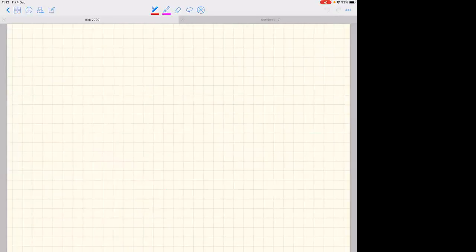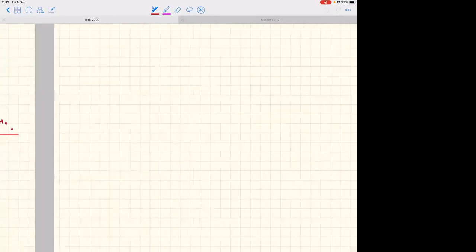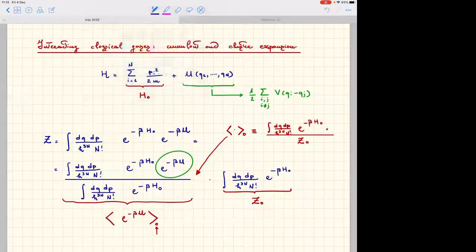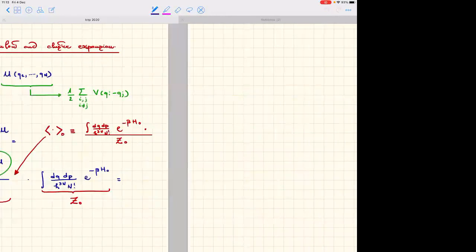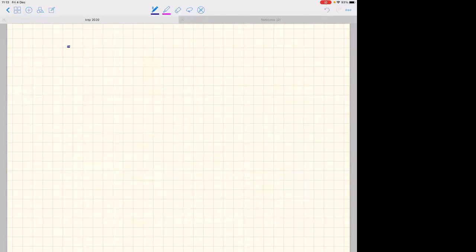All right. So therefore I can rewrite this as equal to Z naught average e to the minus beta u naught. And since Z naught is, I know what it is, e to the minus beta F naught, where F naught is the non-interacting free energy.